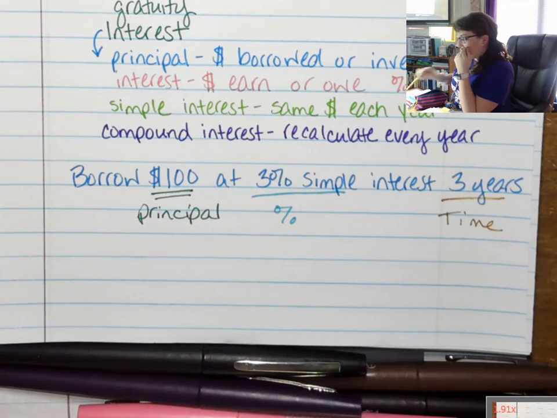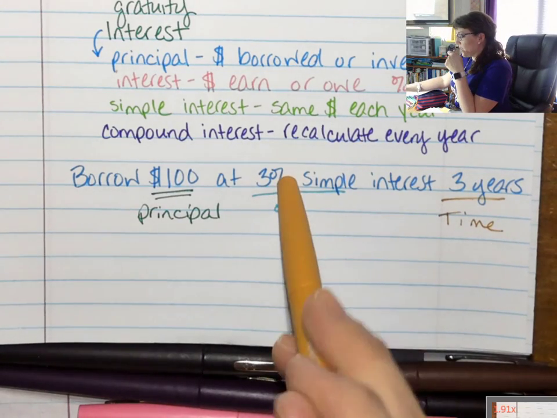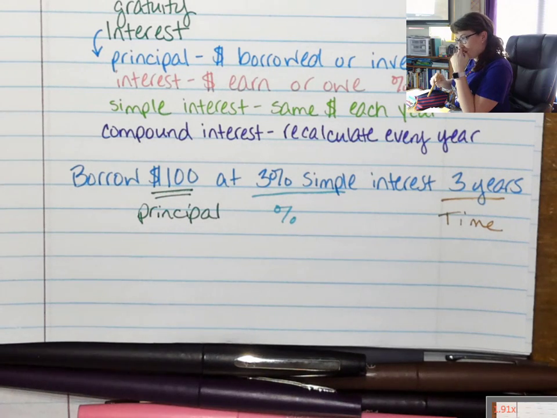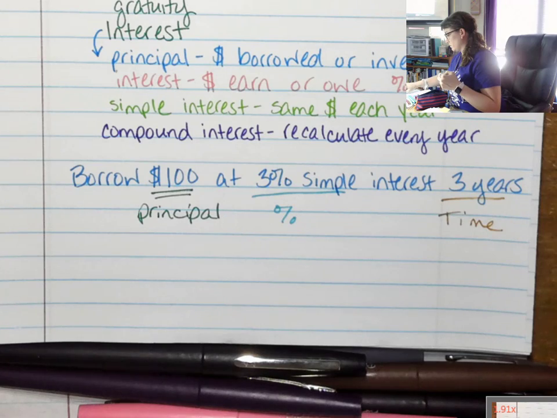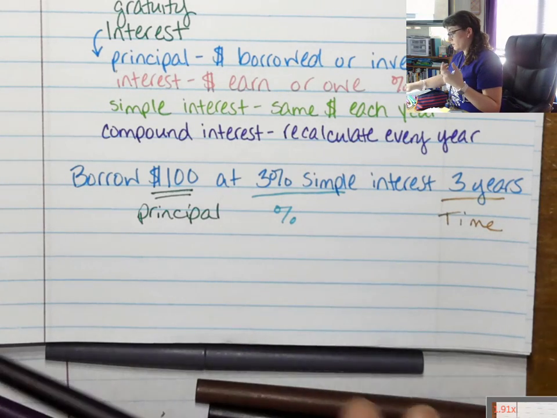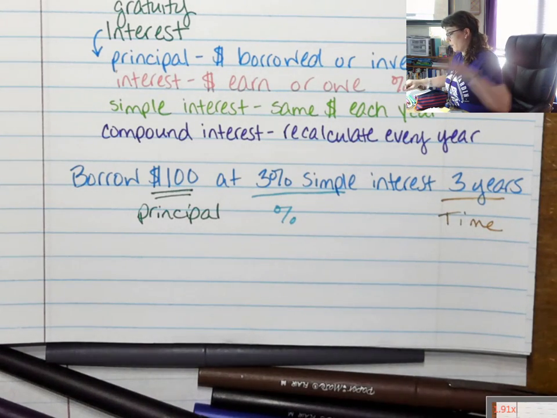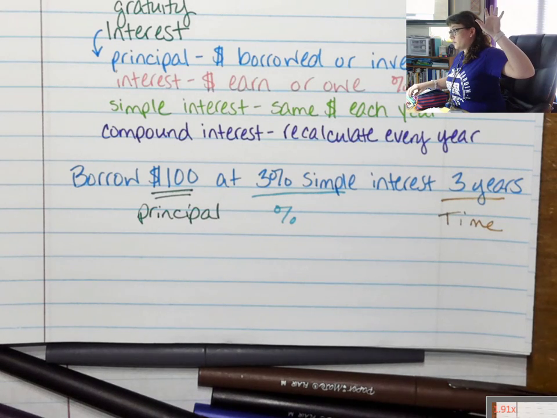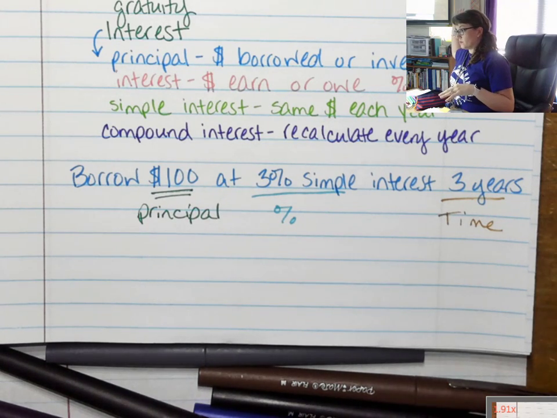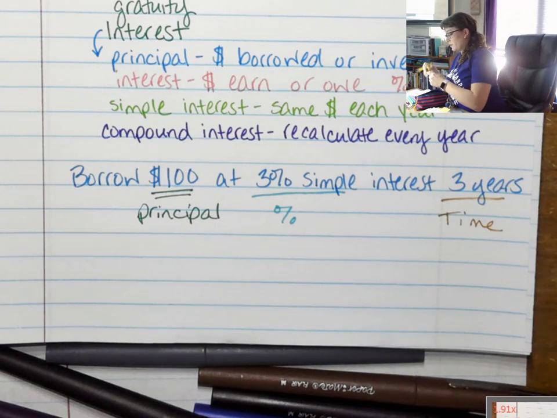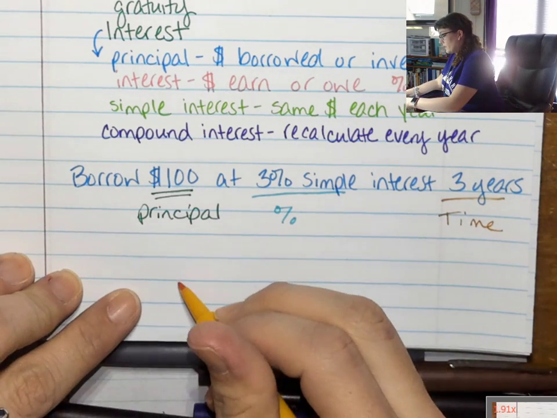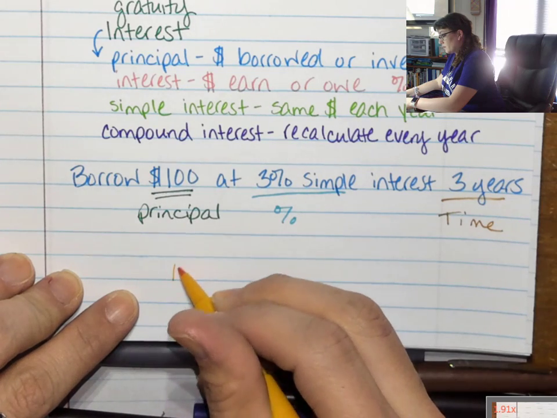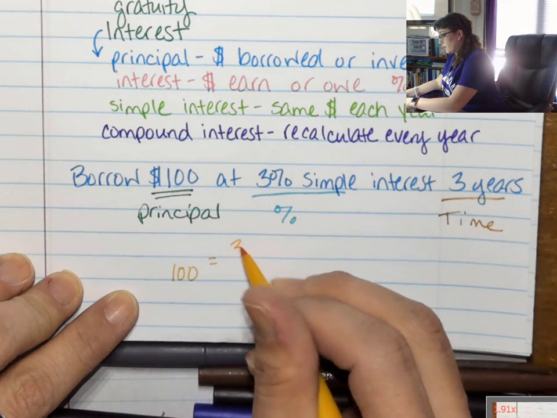So how are you going to figure out 3% of 100? How do you want to figure it out? You can multiply. How many vote multiply? How many vote proportion? Okay, since some people voted for proportion, we'll do proportion. So I've got 100 goes here, equals 3 over 100.